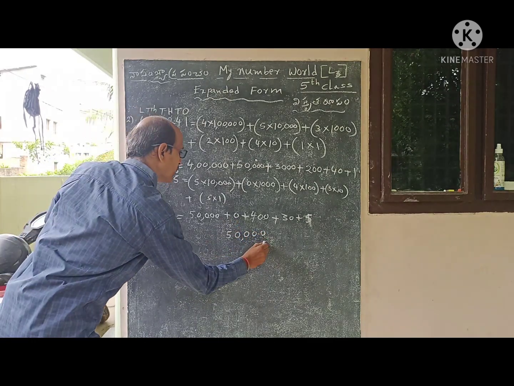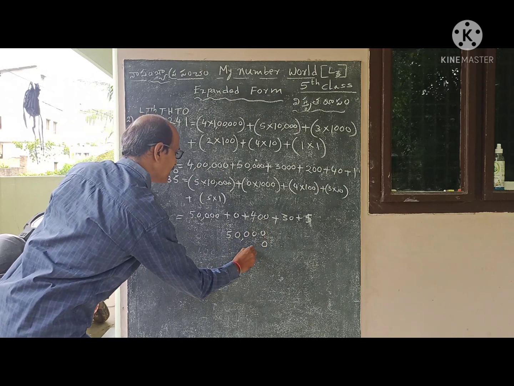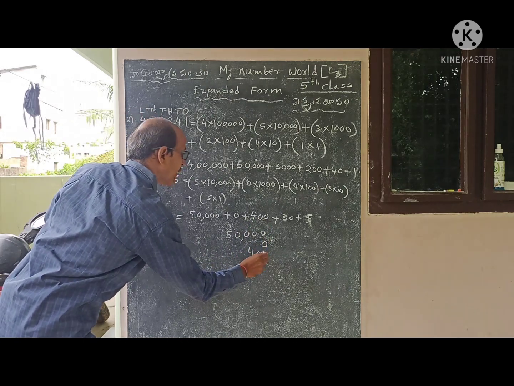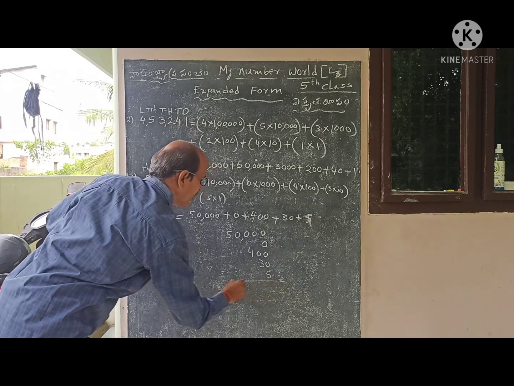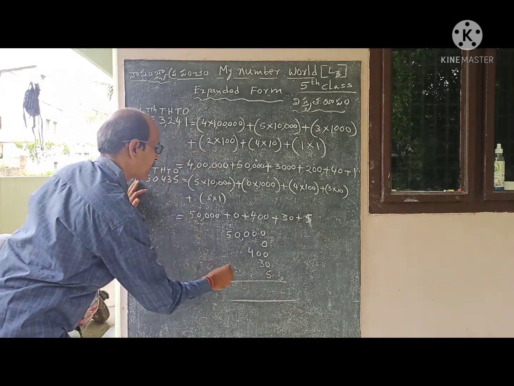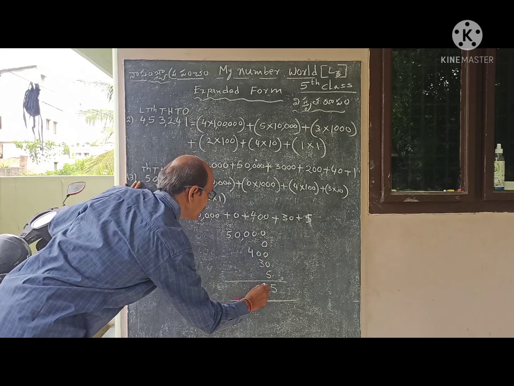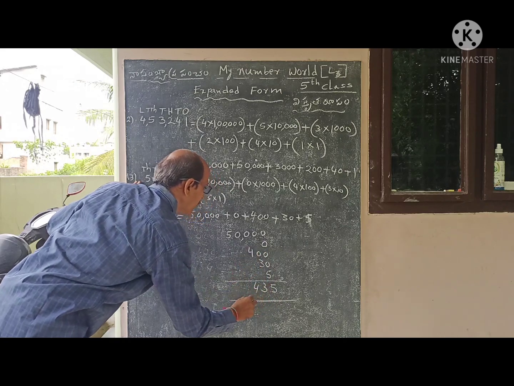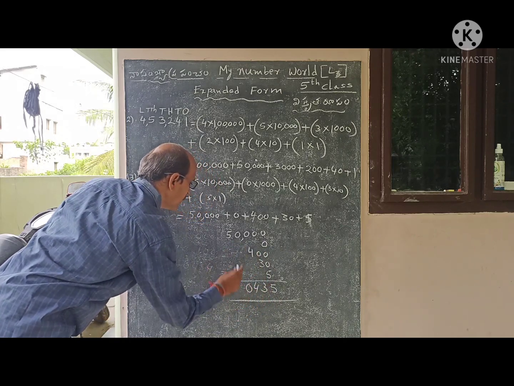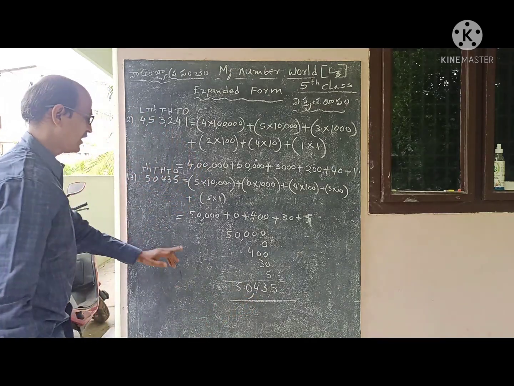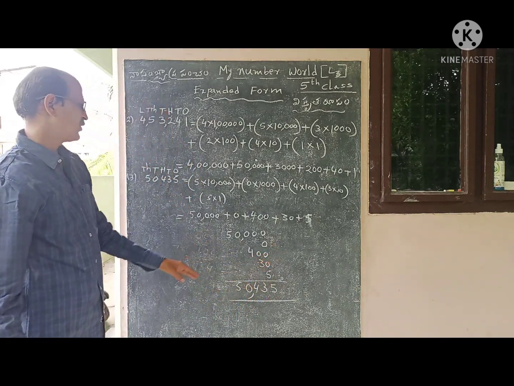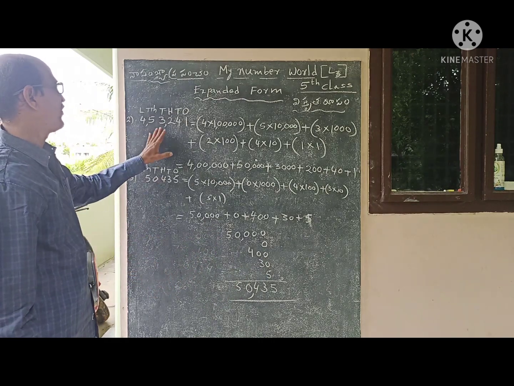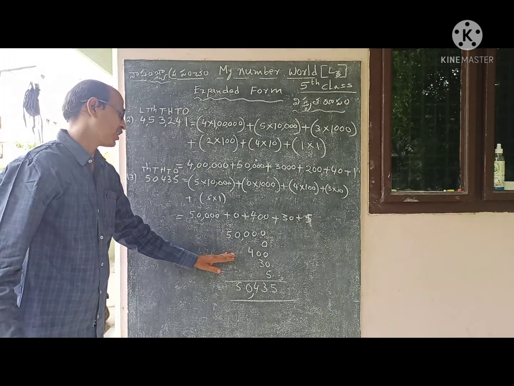Next 0. 400 you have to write this way. 35 here. Add all these numbers, you will get the number 5, 0, 4, 3, 5. So it is 50,435. Like this way you have to write expanded form and also short form.